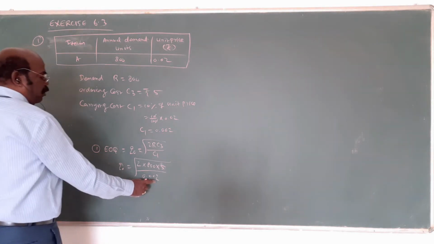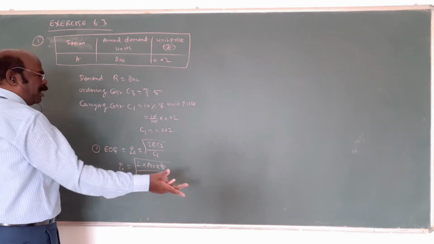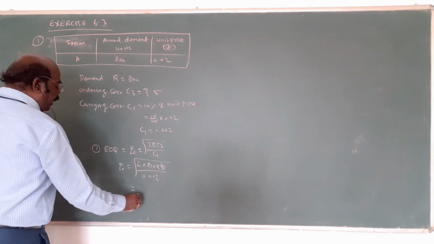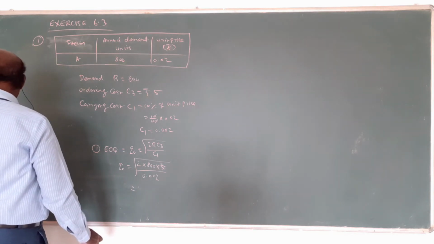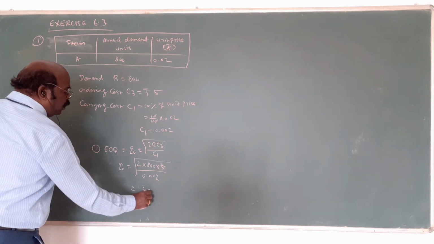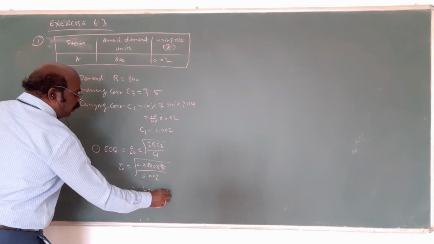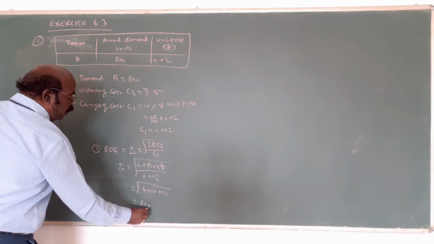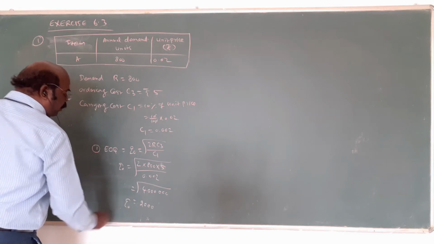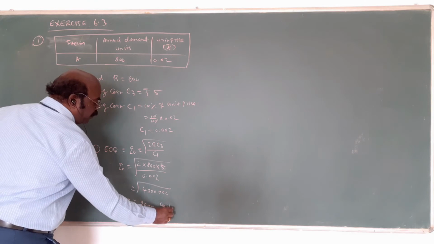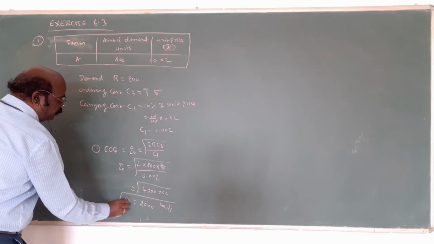Multiply all, divide by 0.002, do the calculation on the calculator, and we get 4 million. The square root of this is 2000. This is Q0, in units. This is the first answer.